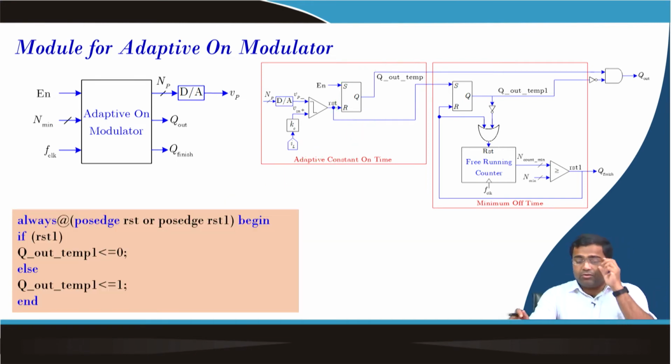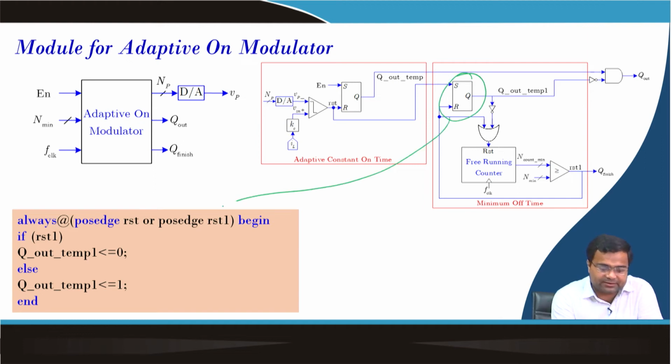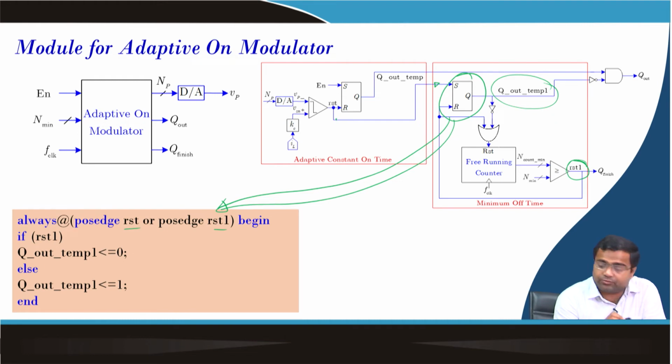Okay. Now, the next one is this one. Here you see it has two input pulses, reset and reset 1. This is the reset of this pulse, and this is reset 1 for this pulse. Again in this case reset 1 is dominant. If reset 1 is high, this output will be 0. If this is 1, it will be 1.